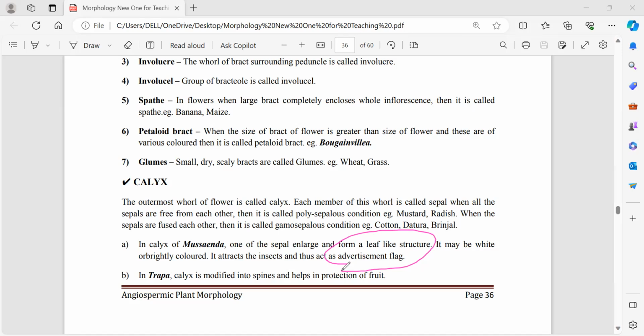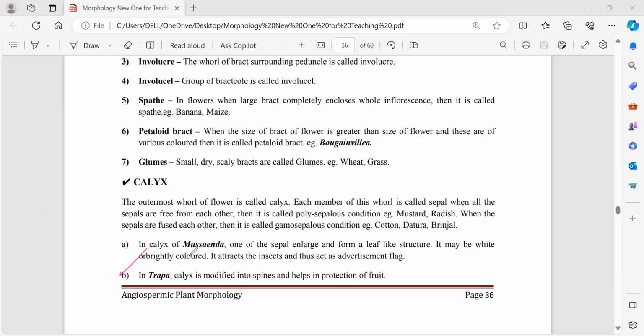So it advertises its presence, that is the presence of the flower. So it acts as the advertisement flag. समझ आया? Yes, sir. We have another.